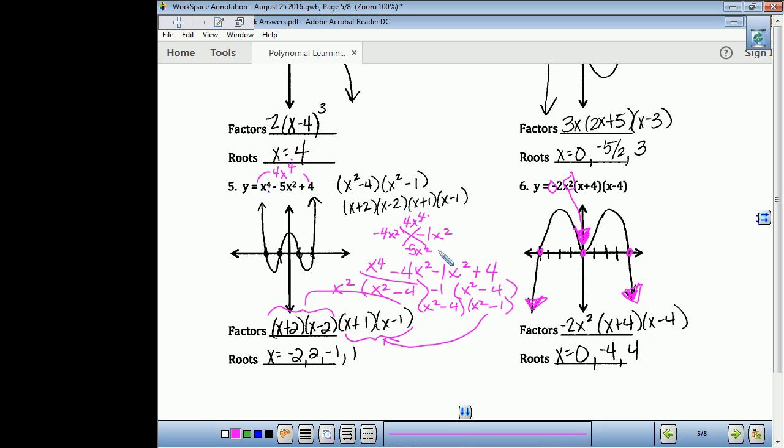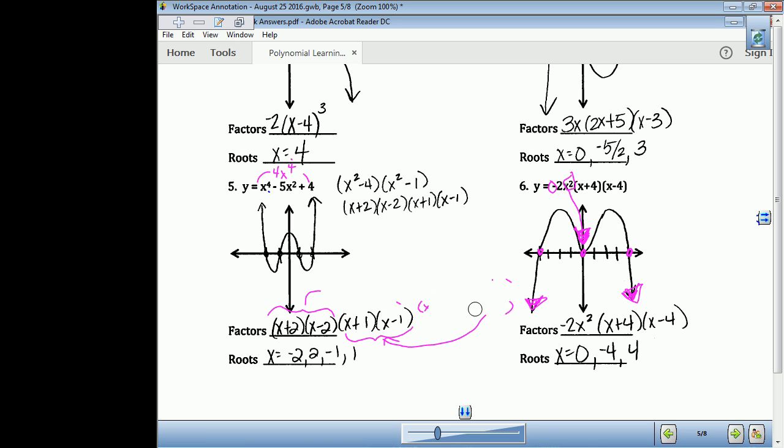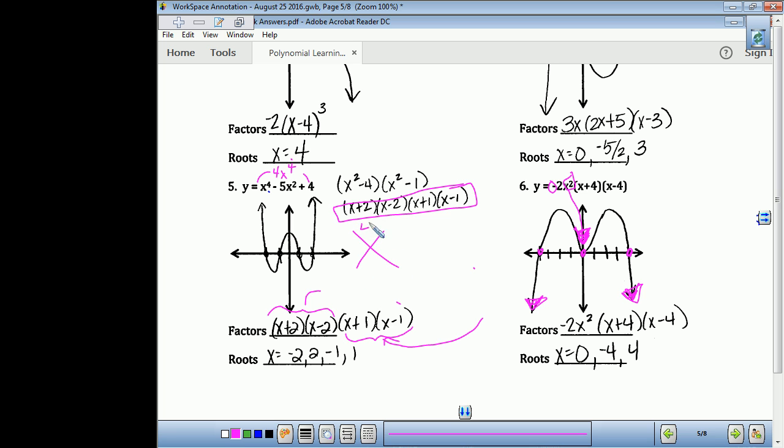Alright, so let's look at number 5. And I'm going to factor it with you. This is what it factors to. But let's see what we need to do to get there. So if I multiply the first term and the last term, I get 4x to the 4th and negative 5x squared.